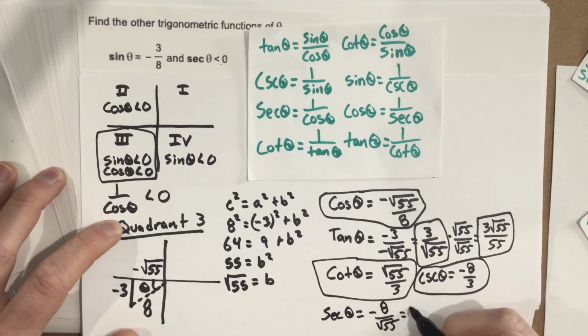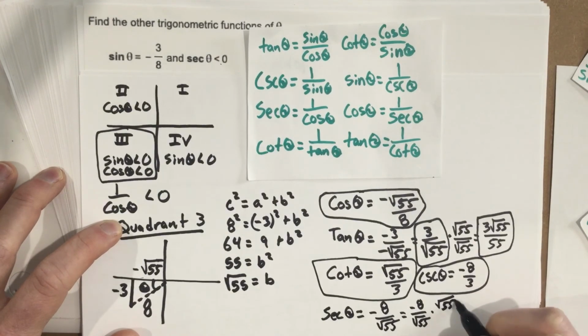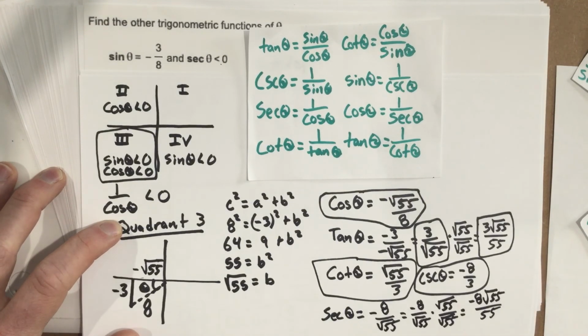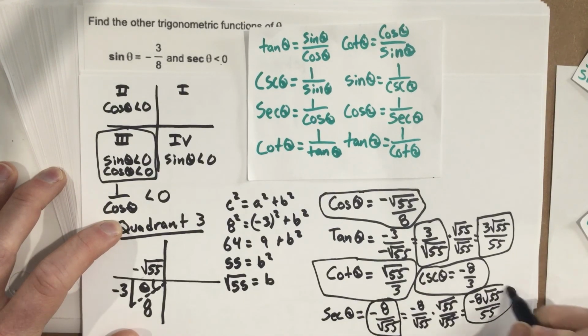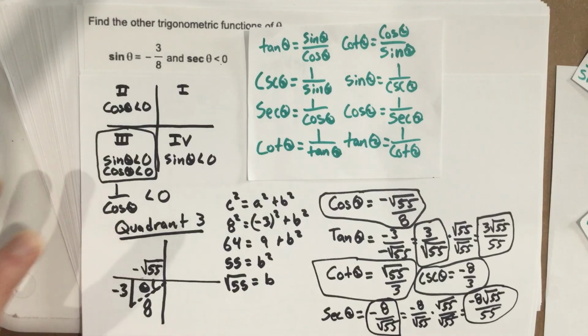And we can rationalize that by saying negative 8 over root 55 times root 55 over root 55, which equals negative 8 root 55 over 55. So this could be your answer, or this could be your answer, depending on if you rationalize it. And there's your 6 trigonometric functions.